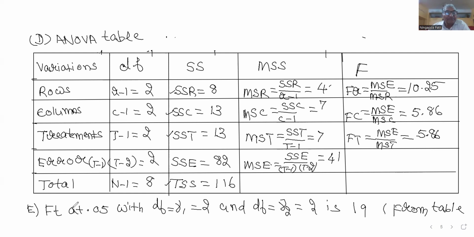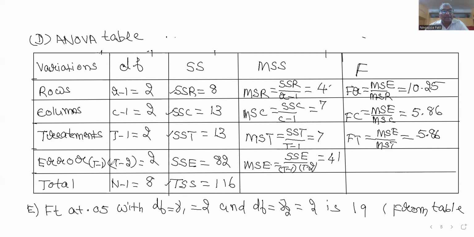Now, the FT you have to calculate from the table. That is at 5% (0.05) level of significance. Degrees of freedom, R1. Look here, this is R1, 2. They are all 2 only. And therefore, degrees of freedom for R minus 1 is also 2. C minus 1 is also 2. T minus 1 is also 2.